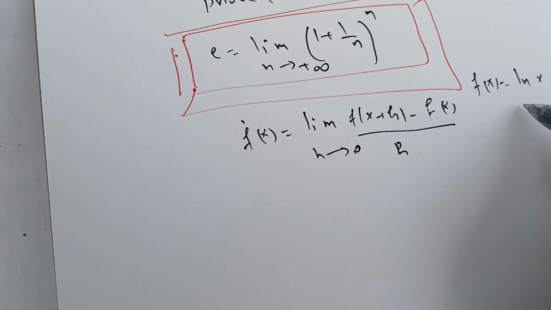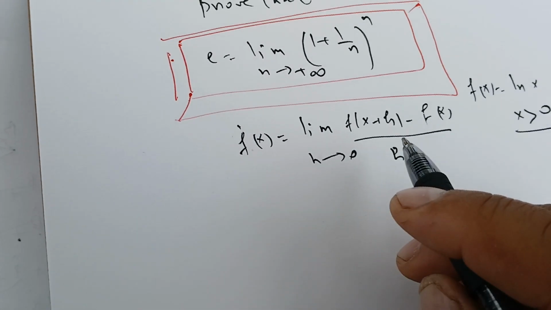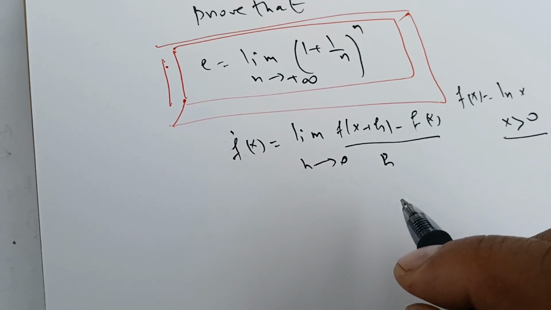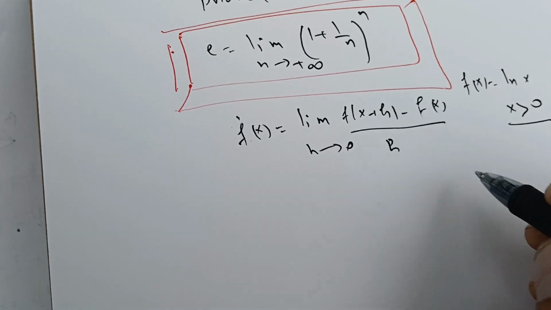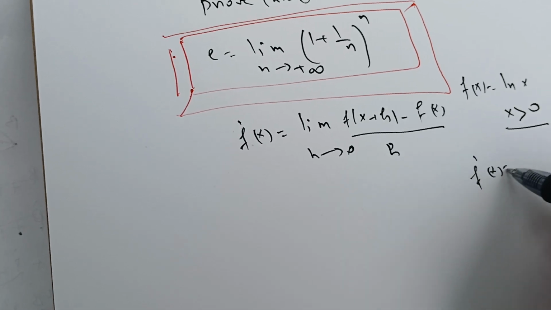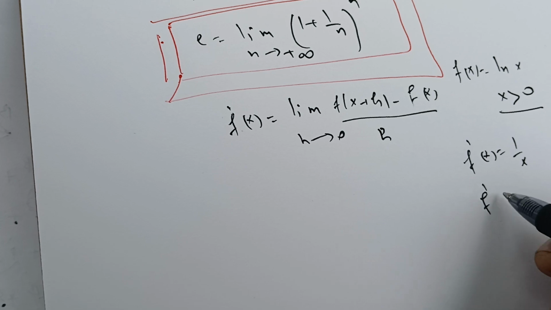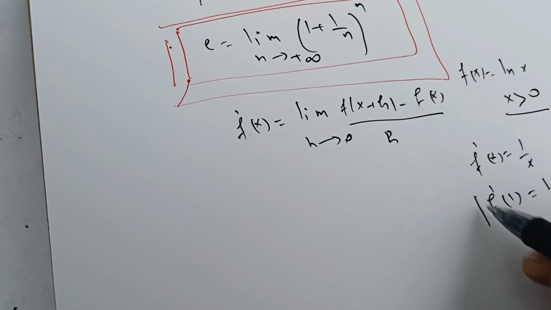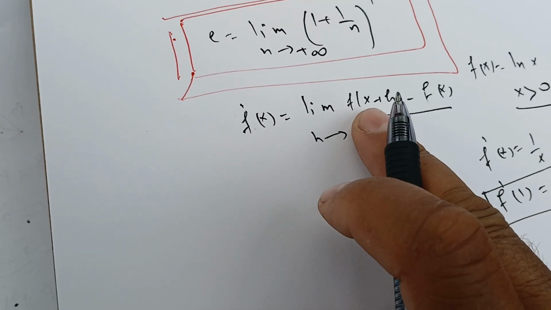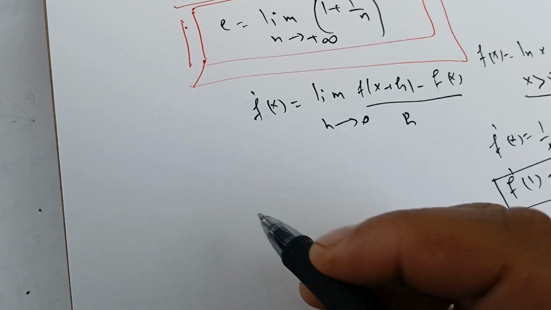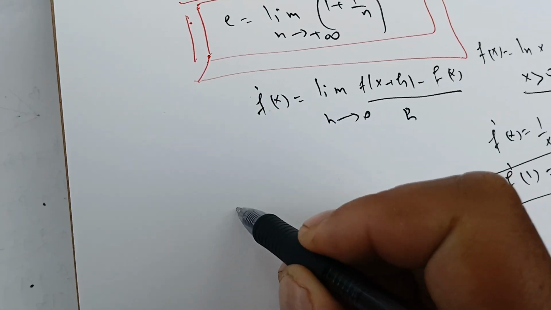This function is defined for all the positive values. Especially, we know that f prime of x is 1 over x, and in particular f prime at 1 is 1. So we're going to use this one here. So f prime at 1 is 1.